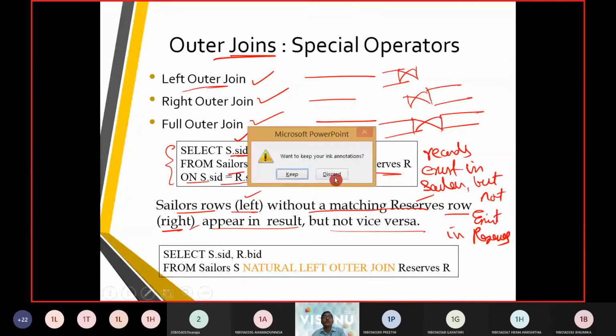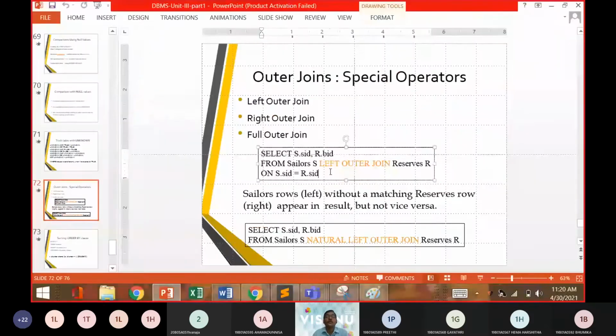So we will check whether this query works out or not.